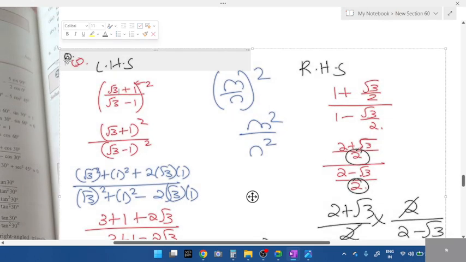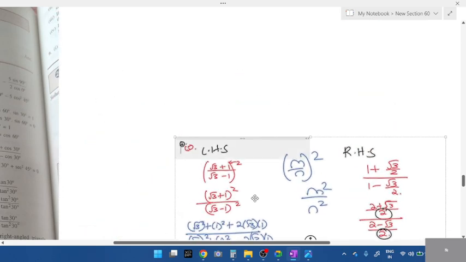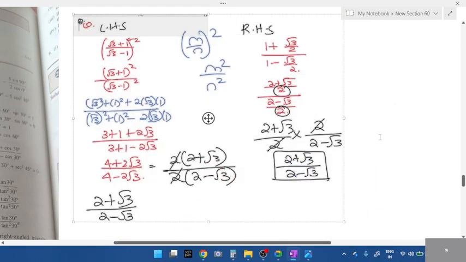Let me minimize. Write it one below the other. Left hand side. After that, right hand side part.